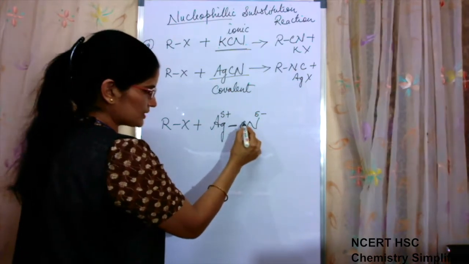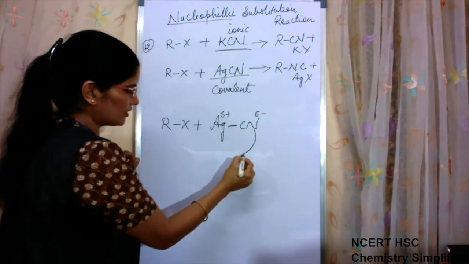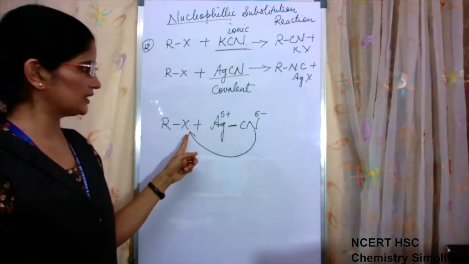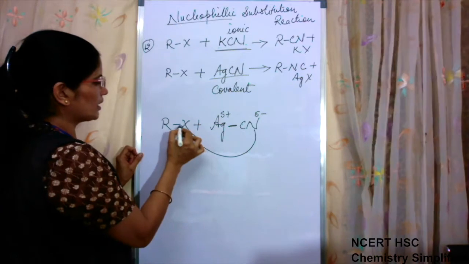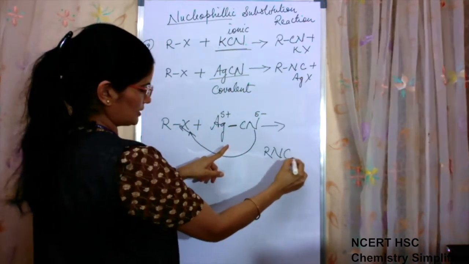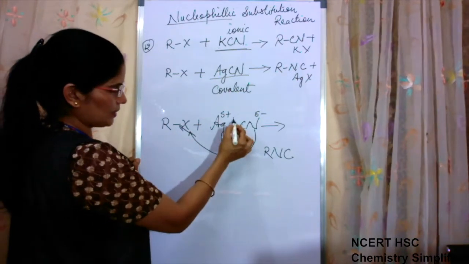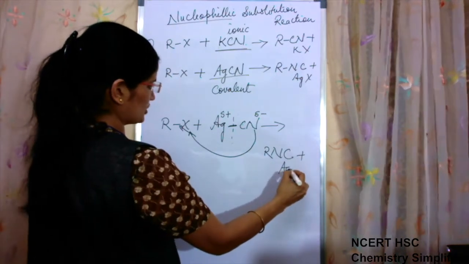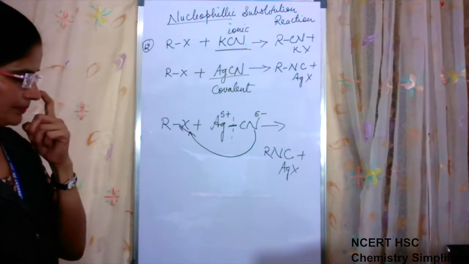Now out of C and N, C is already bonded to Ag, so this N will bond with X because C is not free to make a bond with X. So it will come here, giving R, N and C, and when N gets bonded to R, then only C completely separates from Ag and we get AgX as a byproduct.